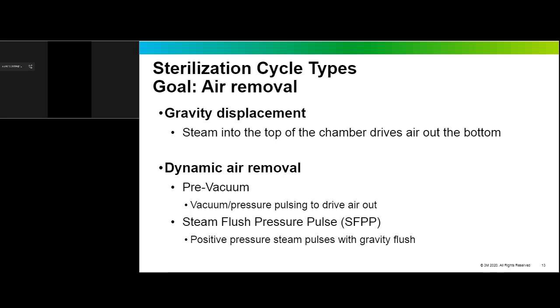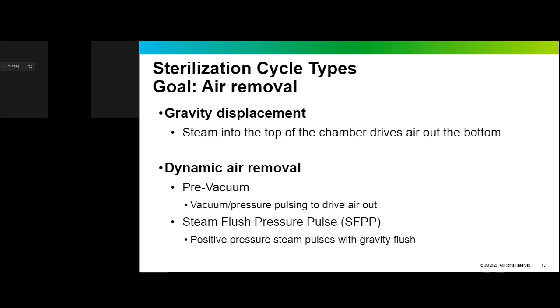Tabletop sterilizers typically rely on one air removal method, but there are a couple of devices that have multiple processes built into them. And those common methods of air removal are gravity displacement, where incoming steam simply drives air out the chamber drain, and there's dynamic air removal. It's an umbrella bucket where, as the name implies, there's active air removal.